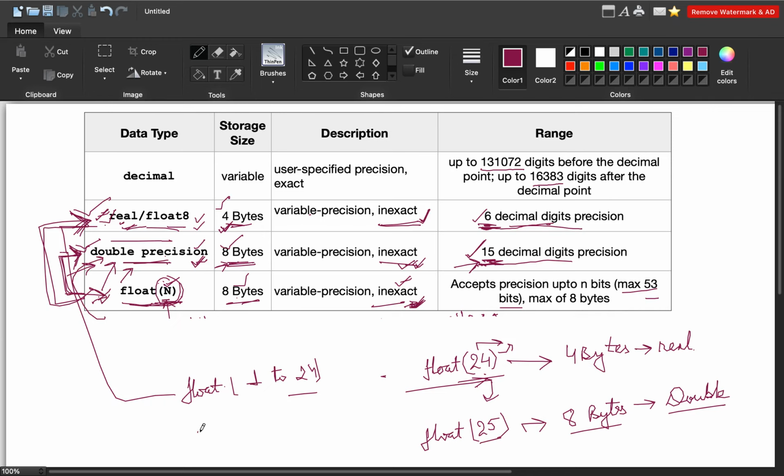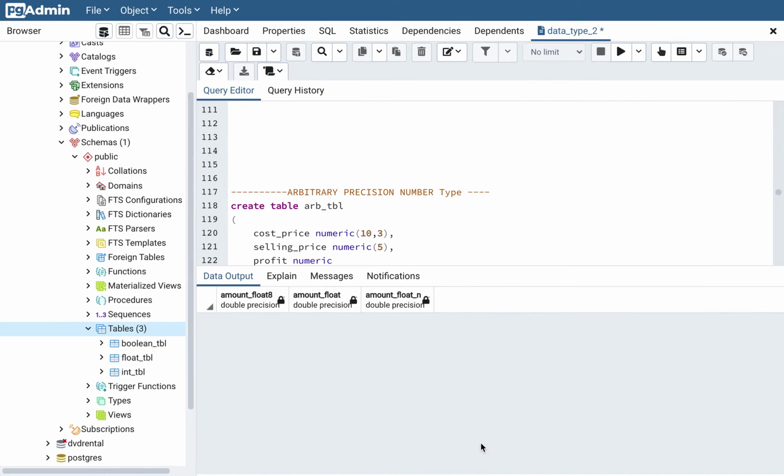But the third point you should remember is that the maximum value of n could be 53. We have already discussed that maximum 53 bits only you can define, right? So that is the logic behind float being converted to real or double precision, right?